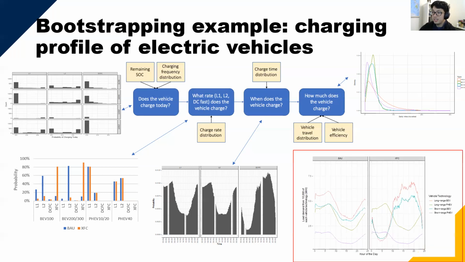And ultimately, what you end up with is, oh, of course this one doesn't have my uncertainty bands for some reason. But imagine that there are some kind of uncertainty bands around each of these lines. You can have the distribution of the charging load shapes over the course of a day for different types of vehicles.